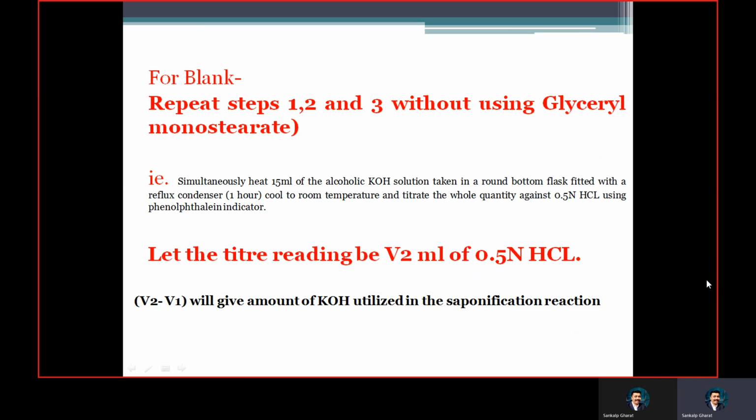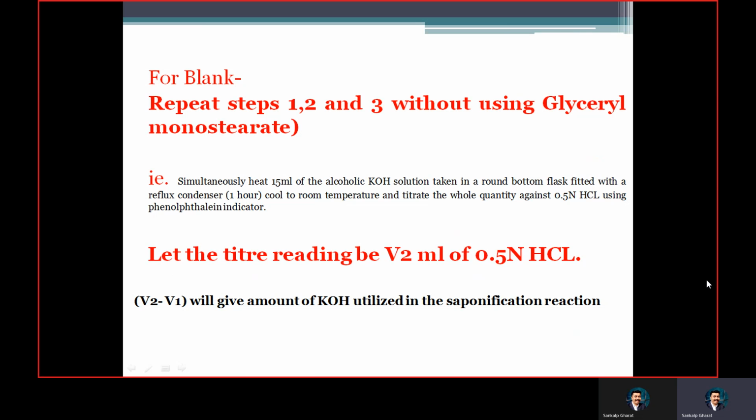So from the previous step and this step, we have received two values, V1 and V2. V1 is the amount of 0.5 normal HCl utilized for the titration of the solution which contained glyceryl monostearate initially, and V2 is the amount of 0.5 normal HCl required for titration of the blank solution.